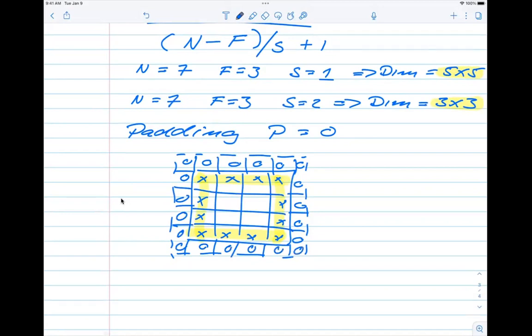But what happens then is that the outer layers will now be represented in more than just one slot in the filtered matrix. So padding is often used, and it becomes a new hyperparameter. And you will see that in the setup of a neural network, you will have the possibility to define the stride and the hyperparameters.